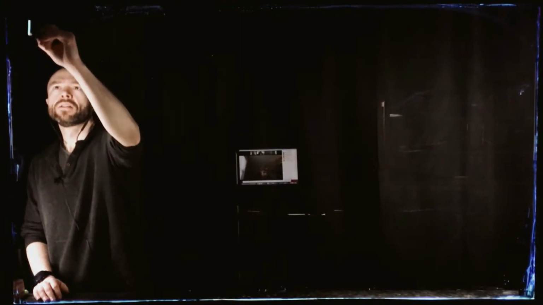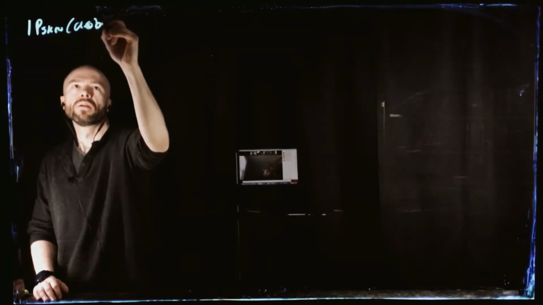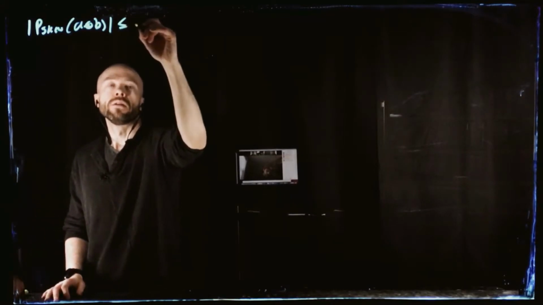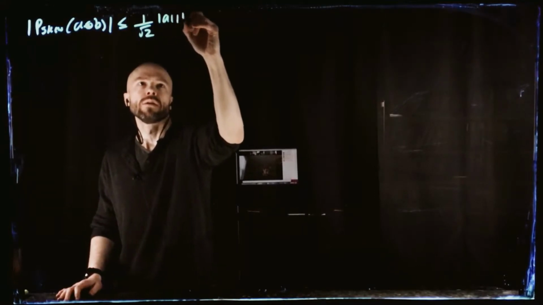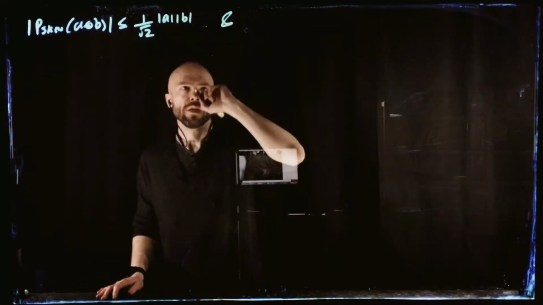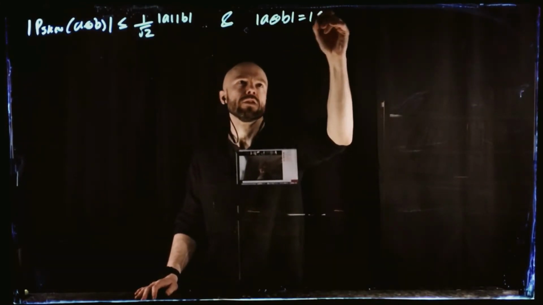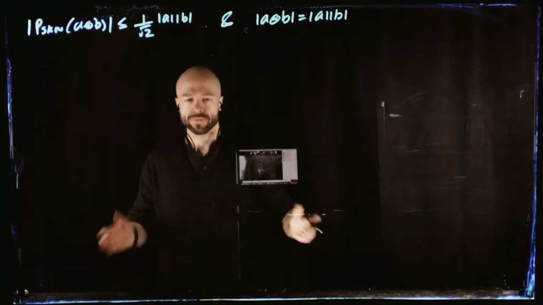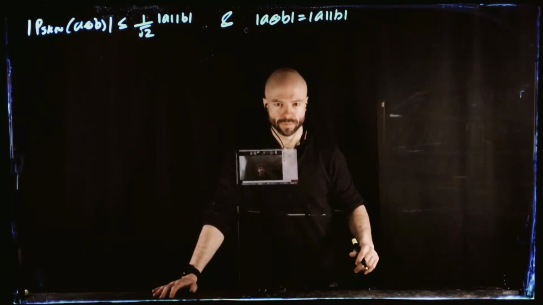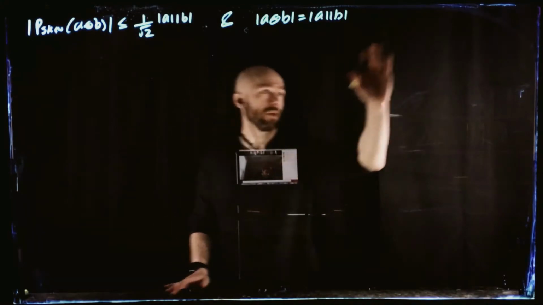So we just learned that the norm of the projection onto the skew symmetric part of A tensor B is less than 1 over root 2 mod A mod B, and the Hilbert-Schmidt norm of the rank 1 matrix is just this. Yeah? So, any takers?